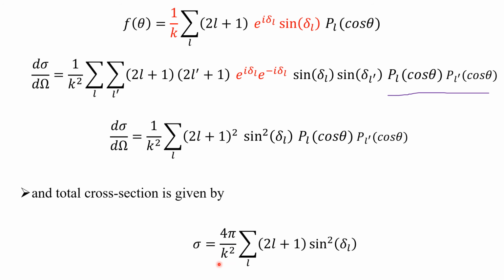After integration and simplification, you will get the total cross section σ equal to 4π over k squared, summation over l, (2l+1) sin squared δ_l. This integration part I have already explained in my previous lecture, that is partial wave analysis part 1. You can refer to my previous lecture.